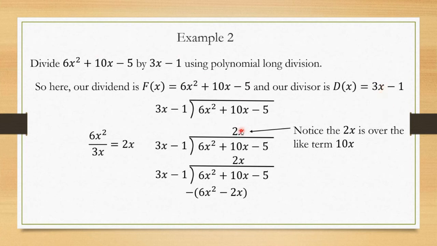So we have 2x. Now we multiply 2x with 3x minus 1, and we're going to subtract the product. So we have 2x times 3x minus 1. That's 6x squared minus 2x, and we subtract that. Now, when you subtract it, this is what I like to do.